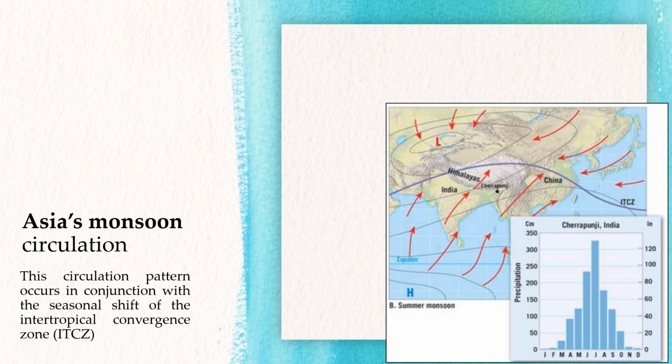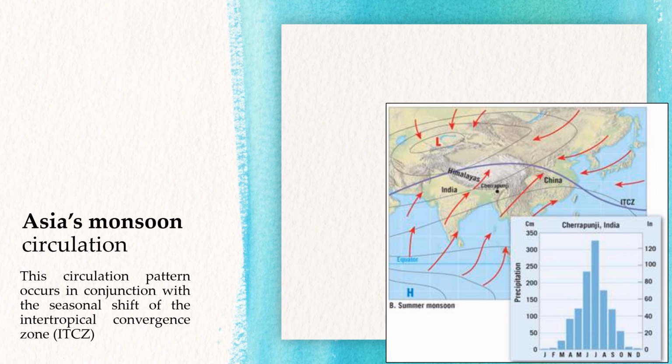In this example shown in the first figure, this is the summer monsoon, since it's strongly influenced by the seasonal change in solar heating.